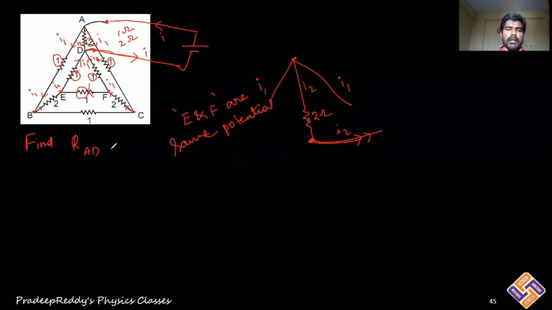One more thing: B and C, those two points, are identical. Therefore, whatever current I1 is coming here, without getting divided at B, directly travels from B to E and then from E to D. Therefore, B and C are also at the same potential.